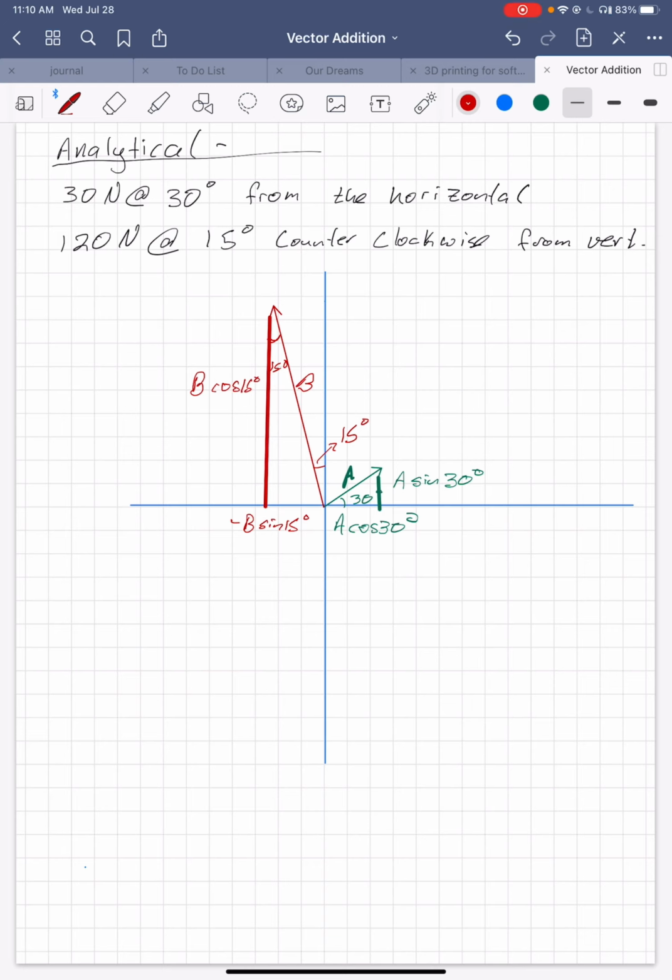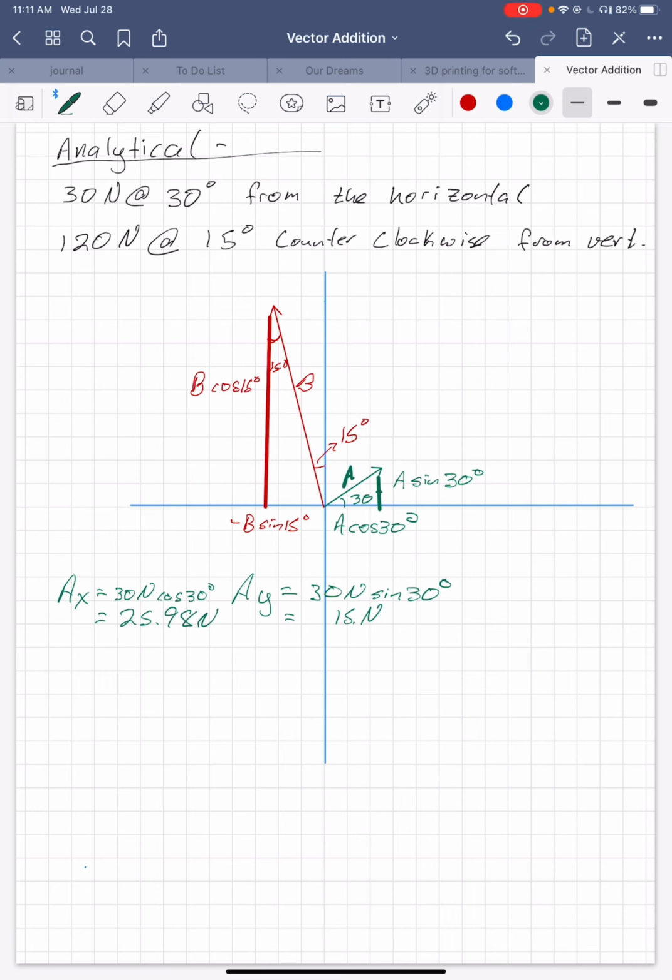So now I've got to break these vectors down into their components, which I can do by saying, all right, I've got AX and AY, and that is 30 newtons cosine 30 degrees and 30 newtons sine 30 degrees, which is 15 newtons and 25.98 newtons.